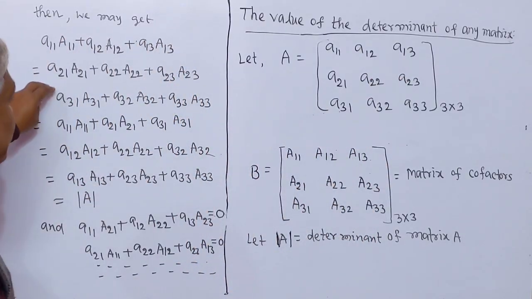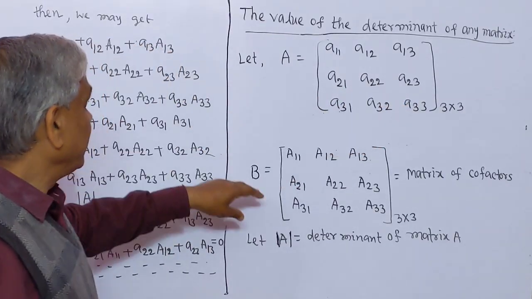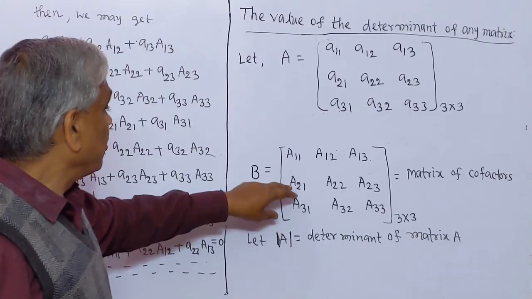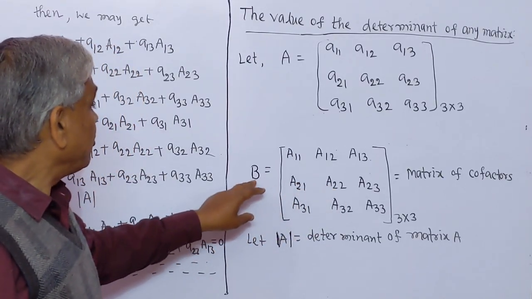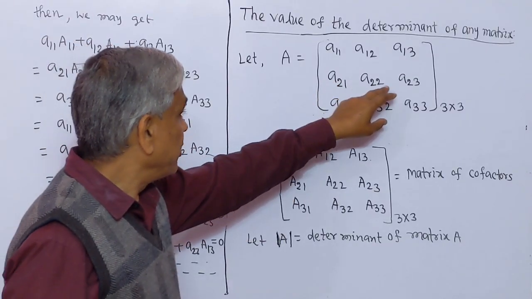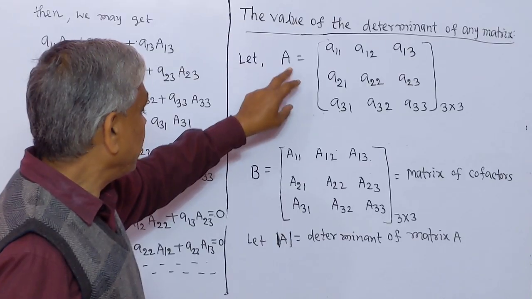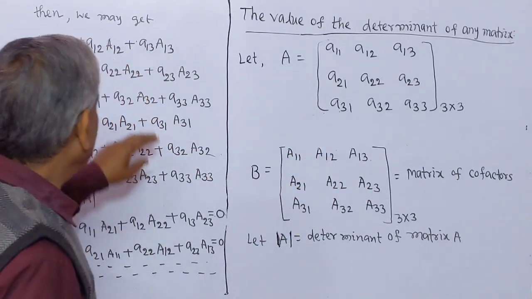And similarly, if we take the elements of the second row, we get the scalar multiplication of the elements of second row of A with corresponding cofactors of second row of matrix B, and we add.